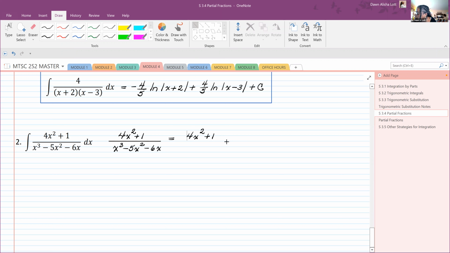Let's factor out an x. That's going to give us x squared minus 5x minus 6, which factors into x plus 1 times x minus 6. Okay, any questions?